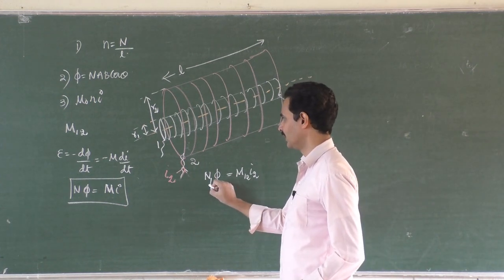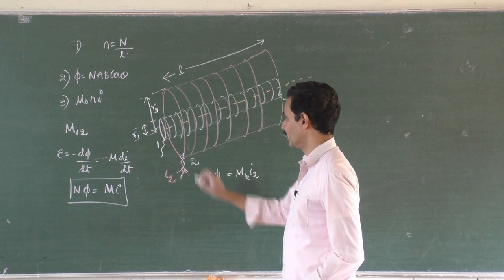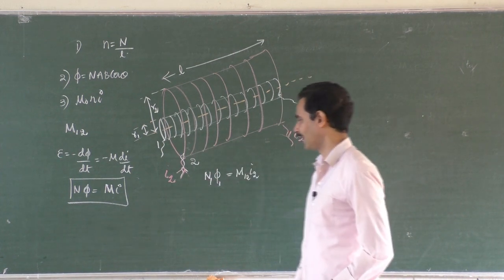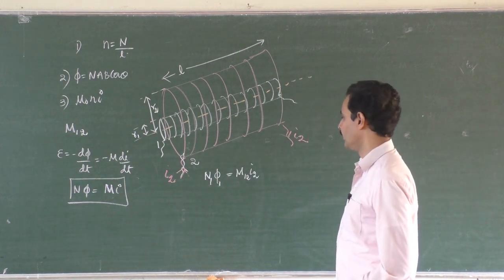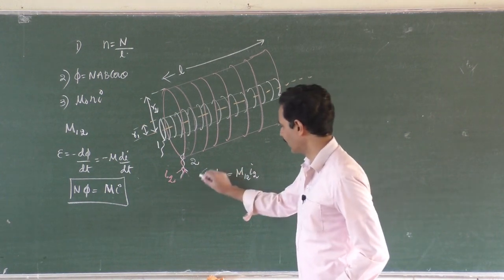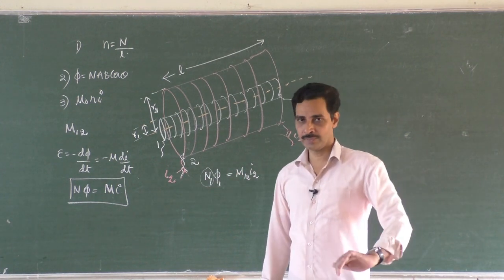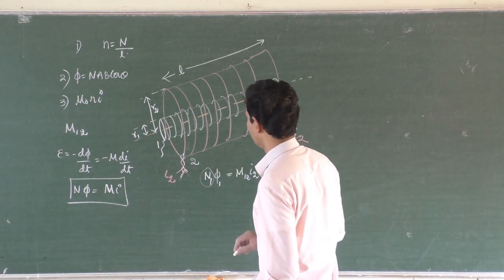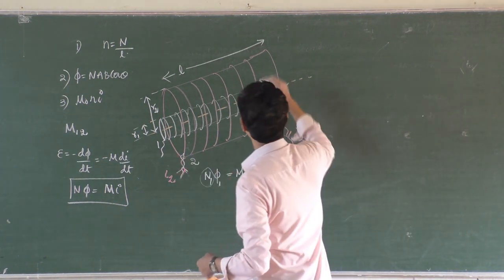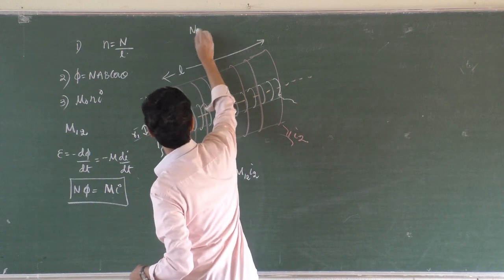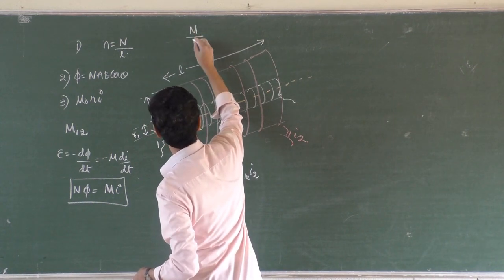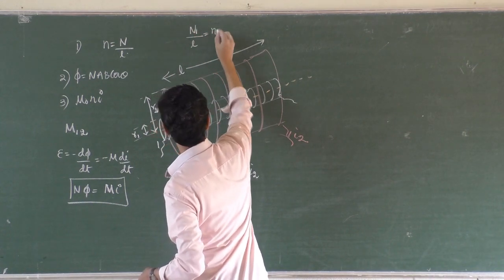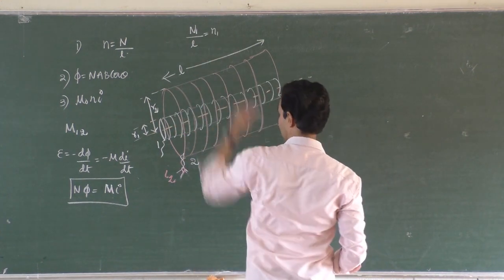N1 is the number of turns in the first coil, because that is enjoying the flux. Now, if you want to expand it, why can't I write N1 in terms of number of turns per unit length? What is the number of turns per unit length in the first coil? It is N1 divided by its length L. So what is capital N1?